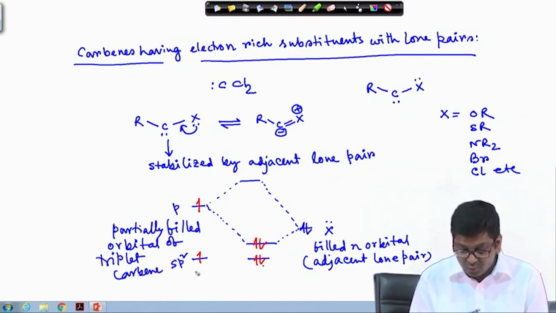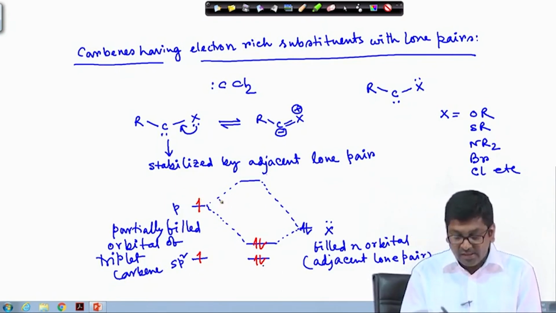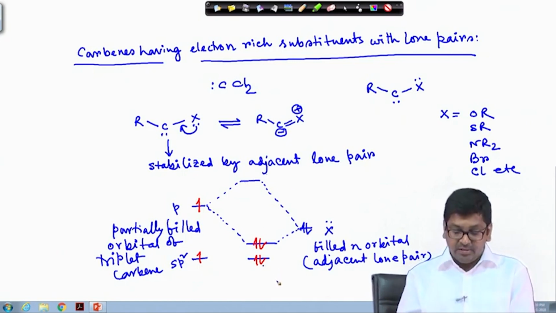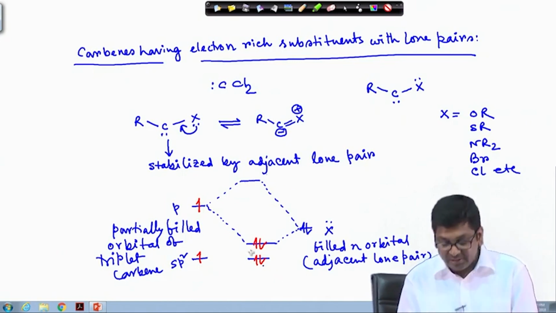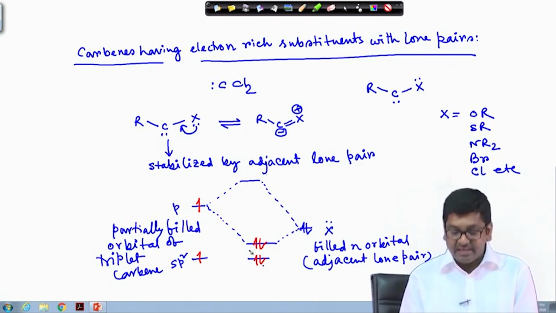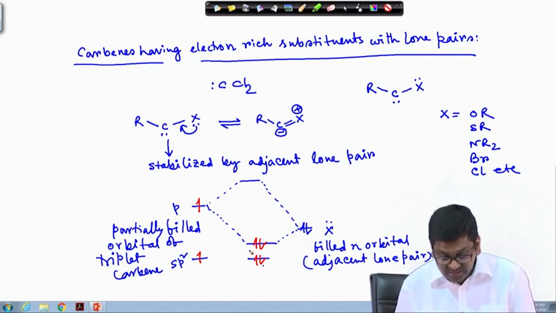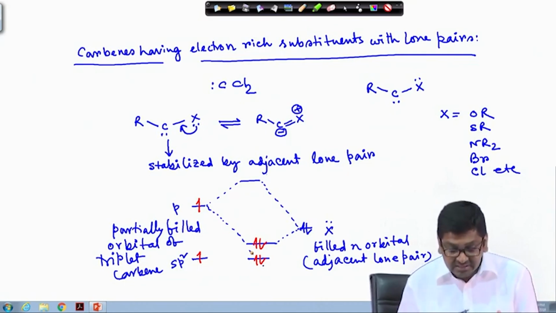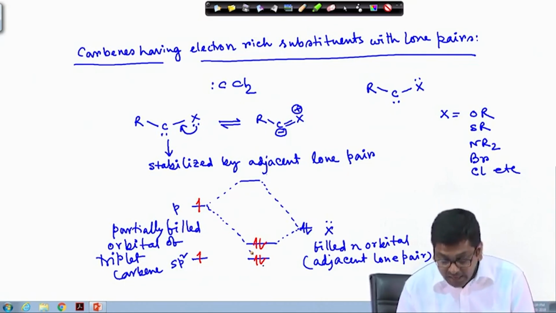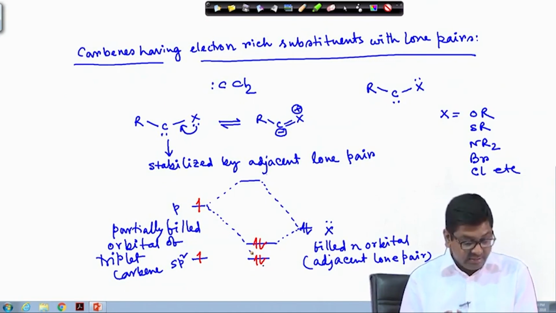And this is the sp2 non bonding, this is the p orbital, and then finally, you will get a more lower energetic orbital, where it can stay as a singlet. Okay. So, what does it mean? That these adjacent lone pairs in this type of carbenes are actually stabilizing these carbenes as a singlet one.